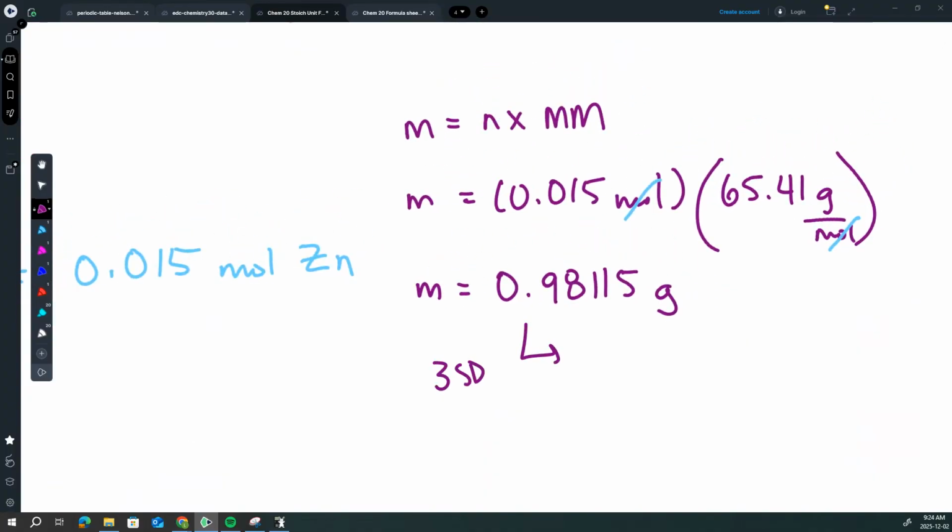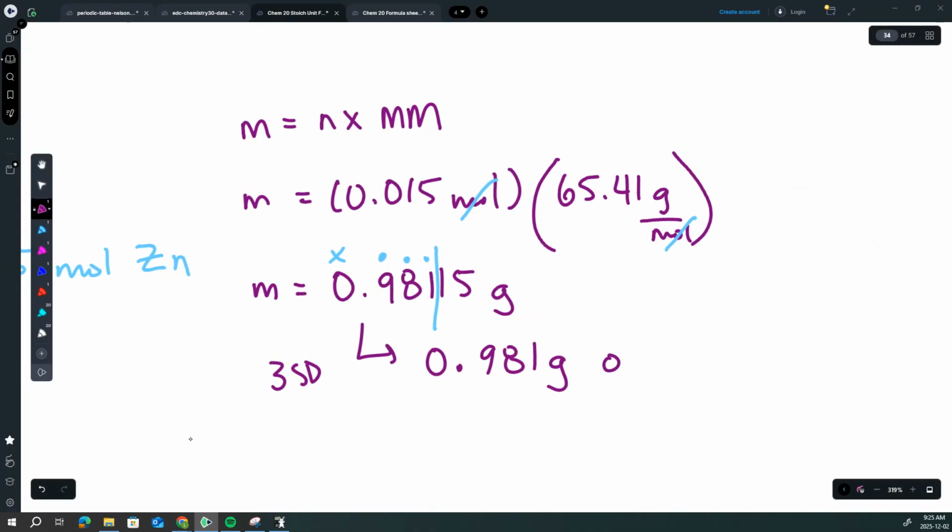So 3 sig digs. If I count from the far left, remember leading zeros don't count as significant. So 1, 2, 3. There's my cutoff line. So my answer is going to be 0.981 grams of zinc.